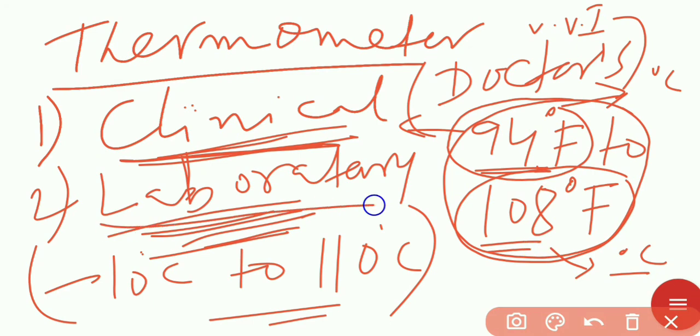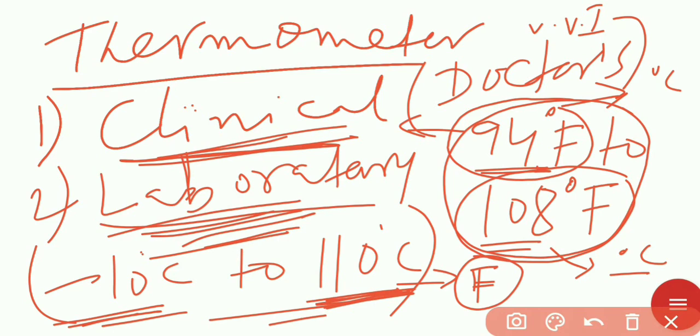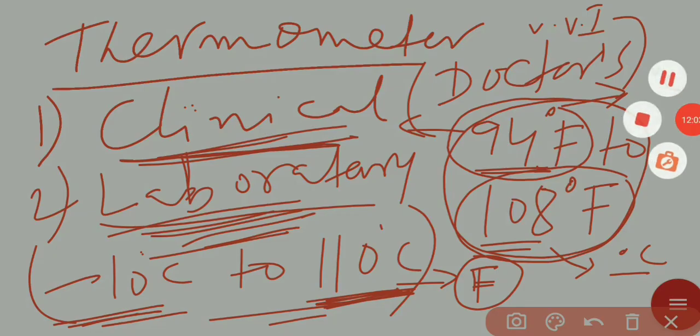And laboratory thermometer range is minus 10 degree centigrade to 110 degree centigrade. Just tell me what is the value in Fahrenheit scale. Write in a comment, using the formula C equal to F minus 32 by 9.